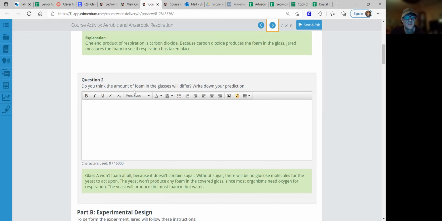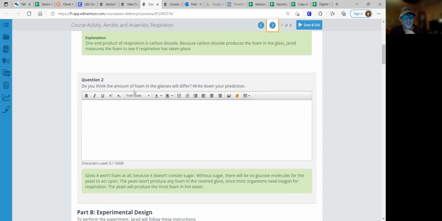Glass A won't foam at all because there's no sugar. And this process requires sugar to take place. Without sugar, there will be no glucose molecules for the yeast to act upon. Yeast needs glucose.